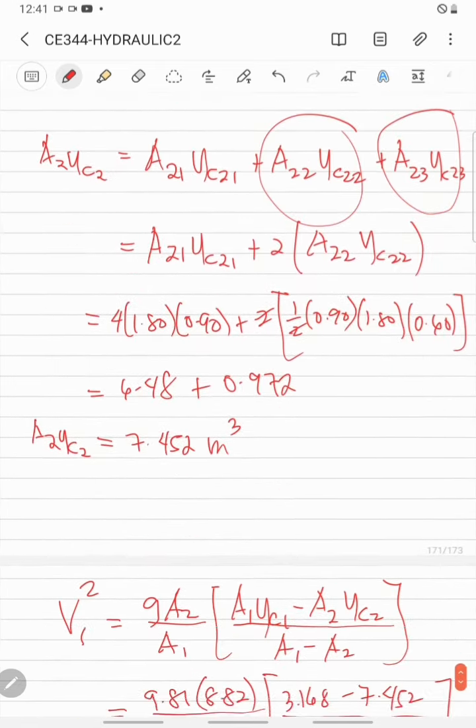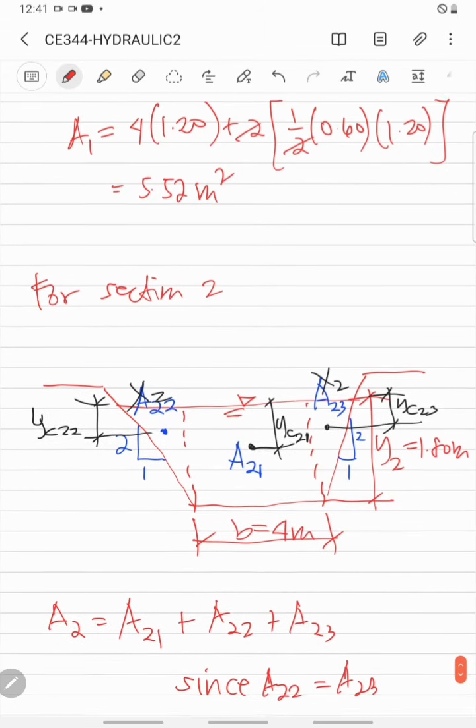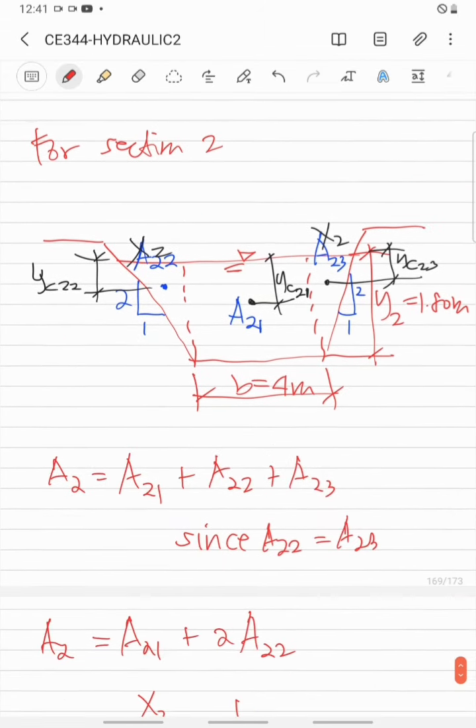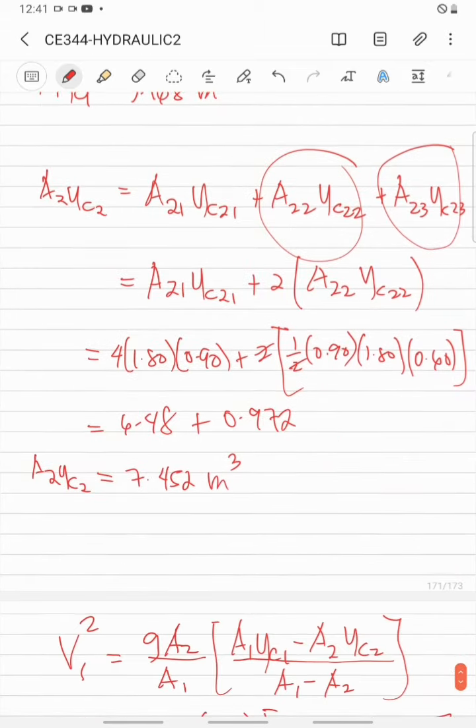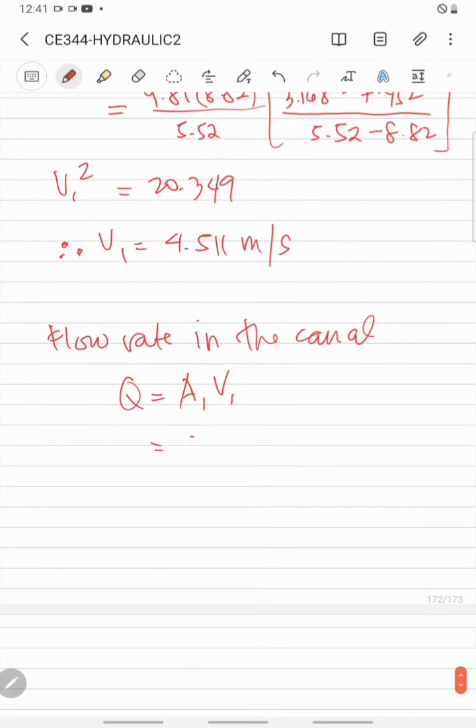The area before the jump is equal to 5.52, and the velocity before the jump is 4.511. So therefore Q is equal to 5.52 times 4.511, that is 24.901 cubic meter per second.